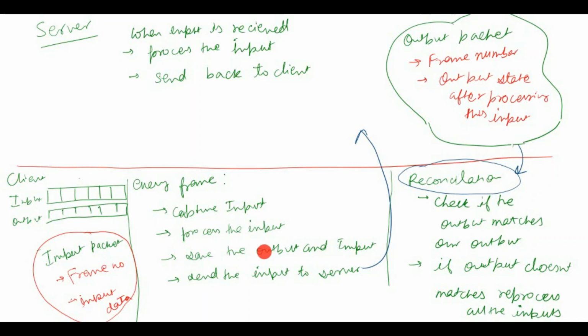So it will verify whether the client is actually changing the state as expected by the server. Now if the output doesn't match, then all of the inputs stored here will be reprocessed up to the current input, and all of this output will be filled again.